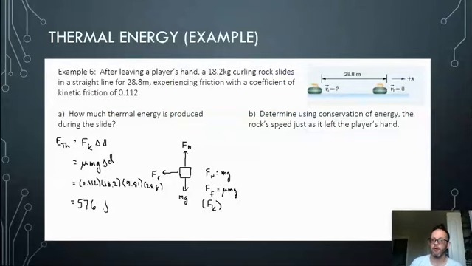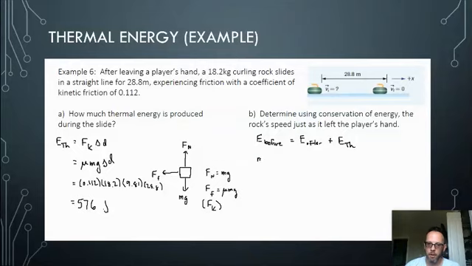Let's set up conservation of energy with thermal energy. How do we tie that in? Because in this case, obviously the energy before does not quite equal the energy after. So how do we modify this equation to deal with that? Well, the energy before does equal the energy after if you add in the energy lost due to friction.